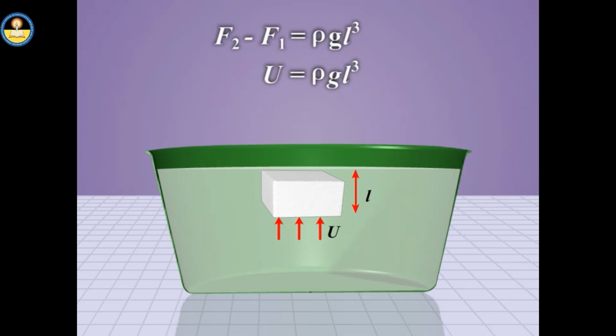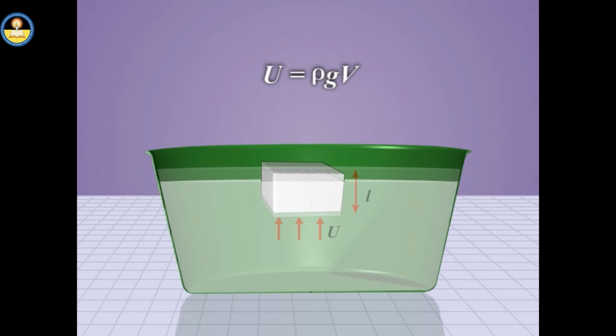In general, if volume V of an object is immersed in a fluid of density ρ, the buoyant force can be expressed as U equal to ρgV. Here, volume V may be the total volume of the object or any fraction of the total volume.